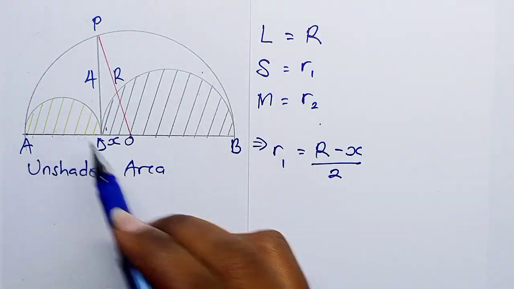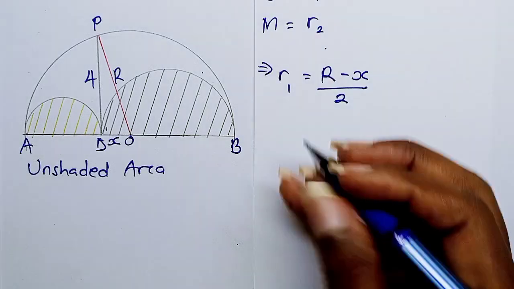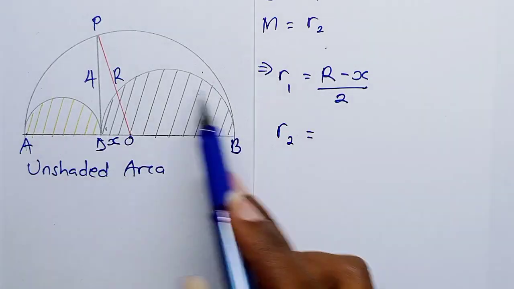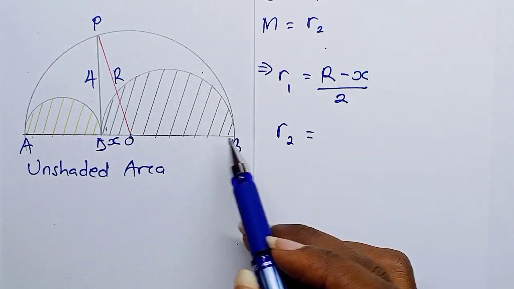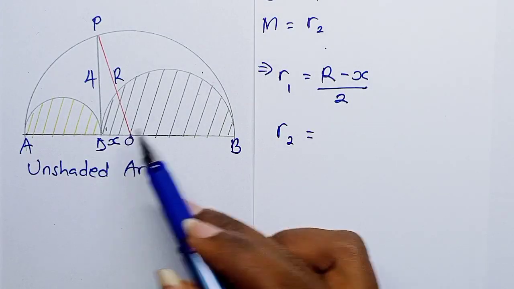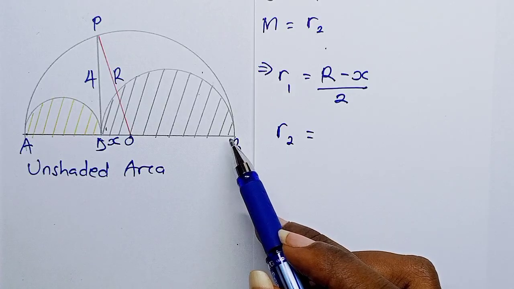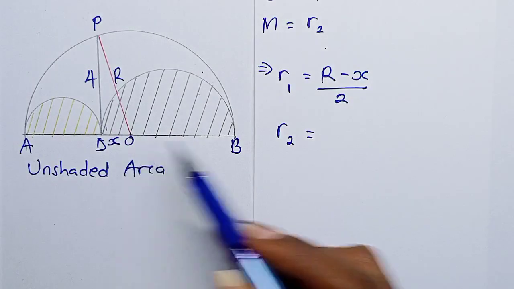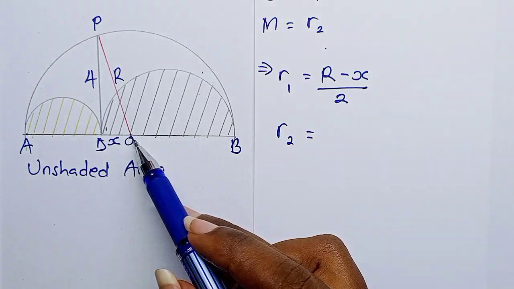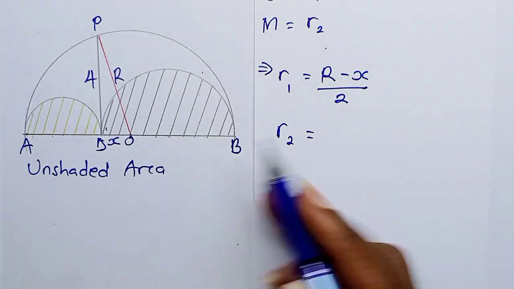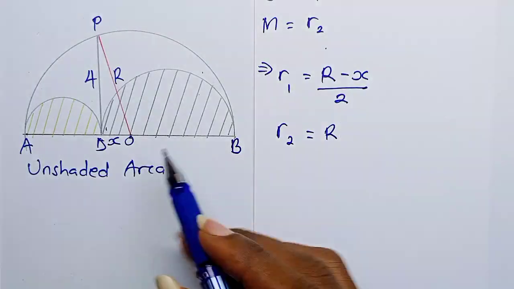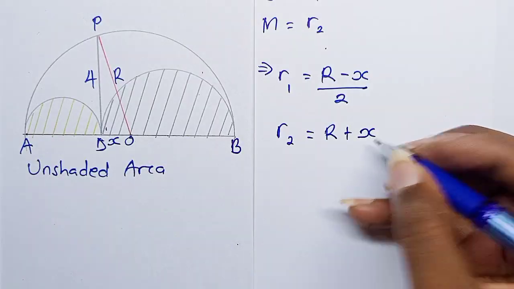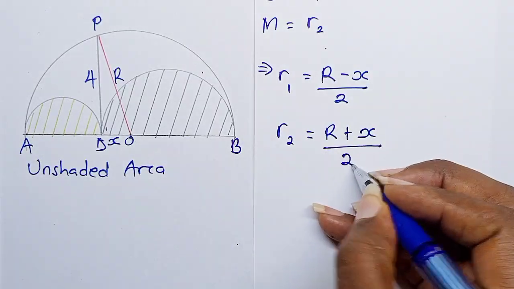And R2 is the radius of this medium semicircle, and we know that from the center of the big semicircle to this point is the R. So R plus X gives us the diameter of this medium semicircle. So if we want the radius, we shall divide by 2.